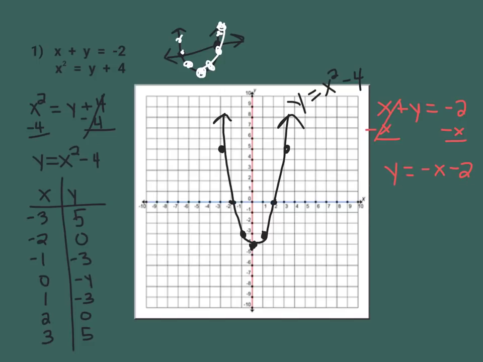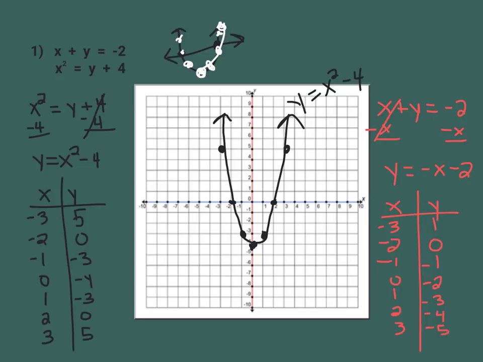I'm going to use the same domain as we did for our parabola. You don't have to, but I'm going to use from negative 3 up until positive 3. And let's see the y values that correspond with that. So I'm going to first just make a table of values, and we are going to plot those.